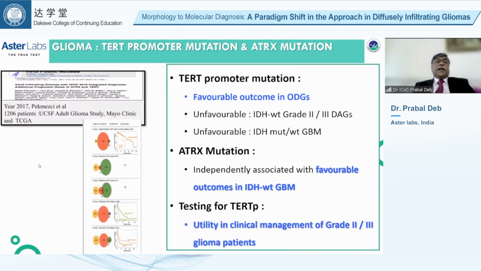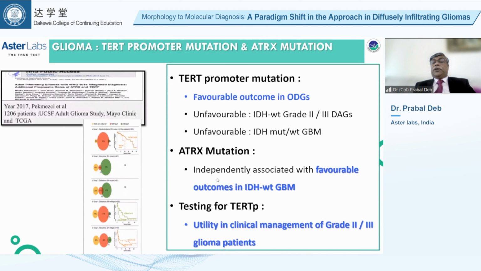So one of the studies evaluated TERT promoter mutation with ATRX mutation, and they found that TERT promoter mutation, although it had favorable outcome in oligodendroglial tumors, had unfavorable outcome in gliomas, be it IDH wild type grade 2 or grade 3, or IDH mutant GBM or wild type GBM.